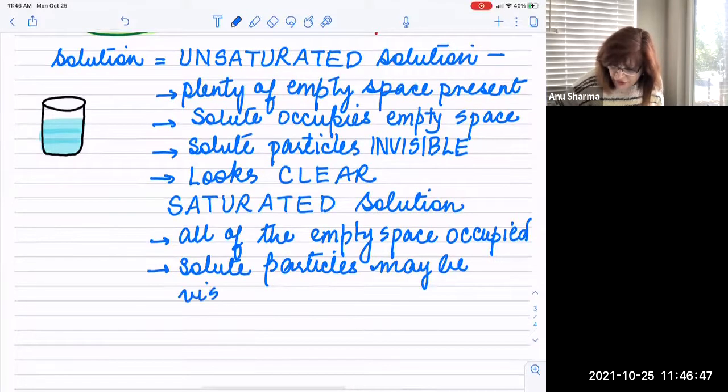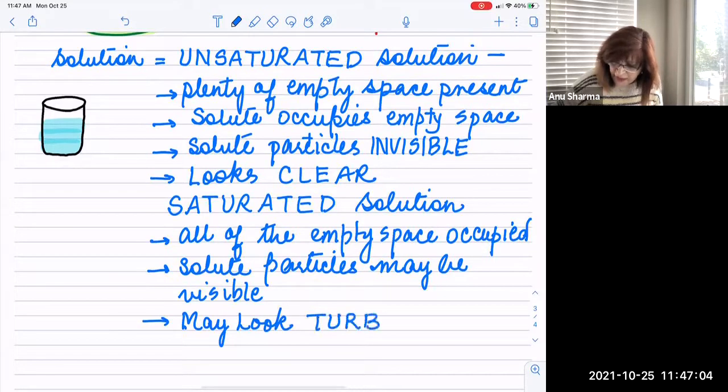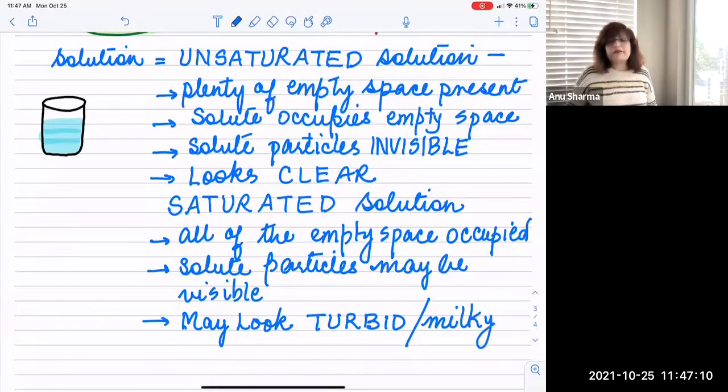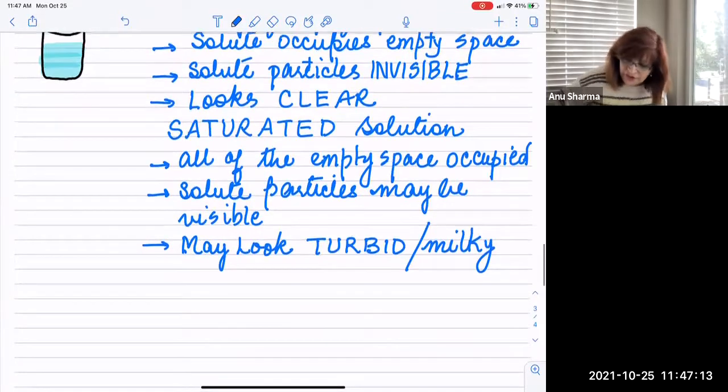The solution may start to look milky, turbid, T-U-R-B-I-D. Turbid means milky.